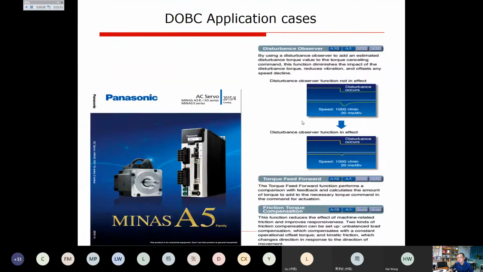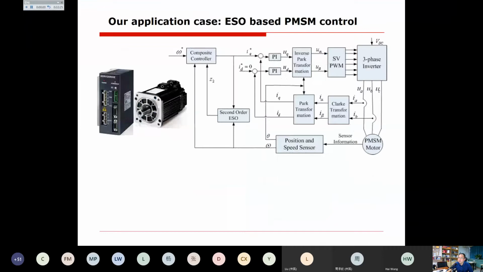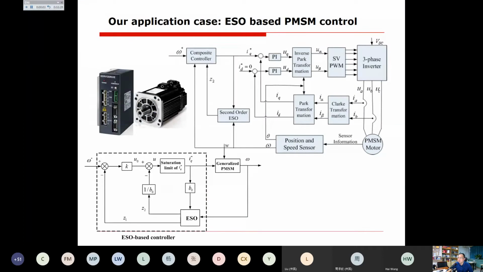This kind of method is also used in some top servo driver companies from Japan, for example the Panasonic MINAS A5 servo driver. From the booklet, you can find the disturbance observer is mentioned. They use the disturbance observer to estimate the load torque, so it shows a performance enhancement in this way. About 14 years ago, we had a project with the Aston company.